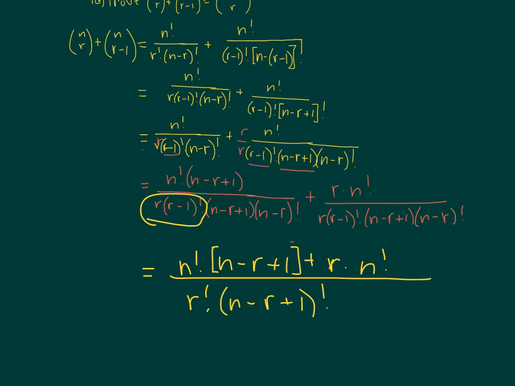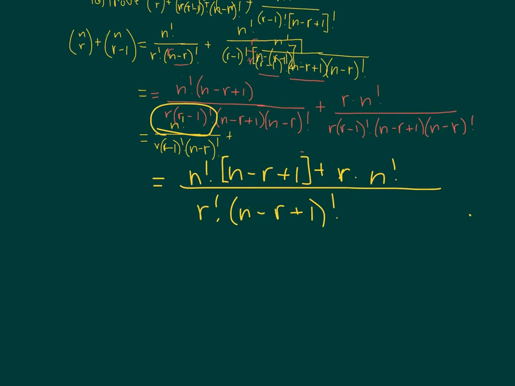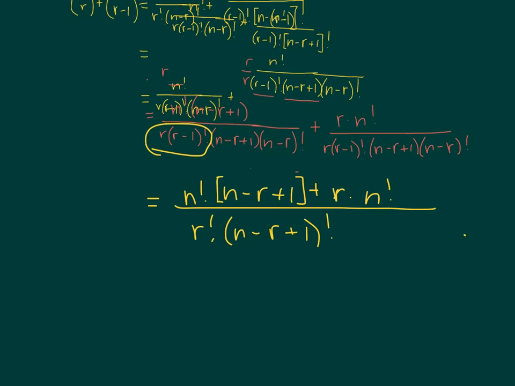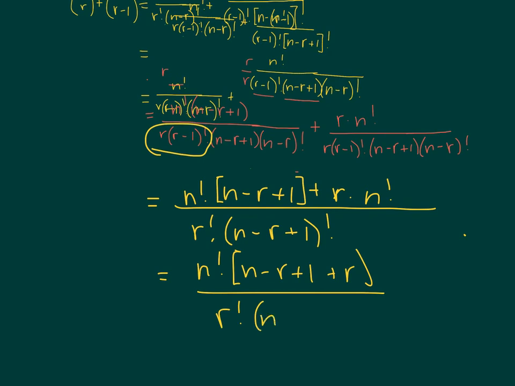In the numerator, what I would like to do is factor out this n factorial. That's going to give me n factorial times n minus r plus 1 plus r. In the denominator, I have r factorial, and I'm going to rearrange the bottom because I remember what I was trying to do.